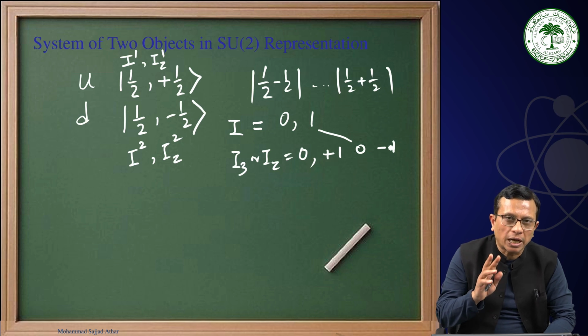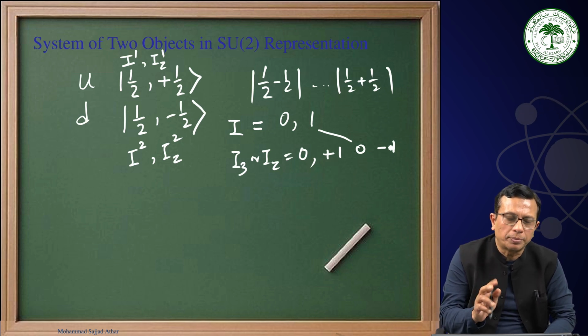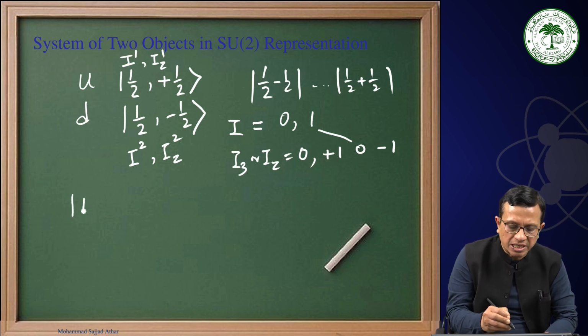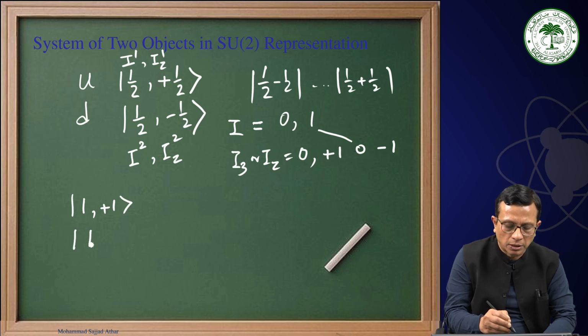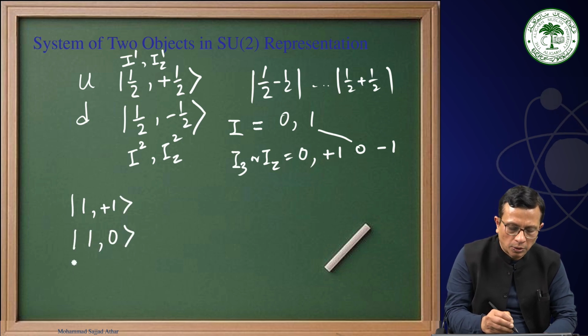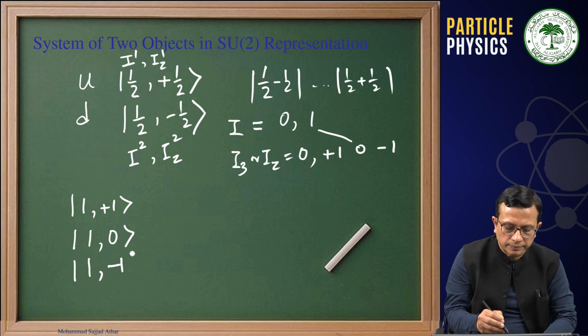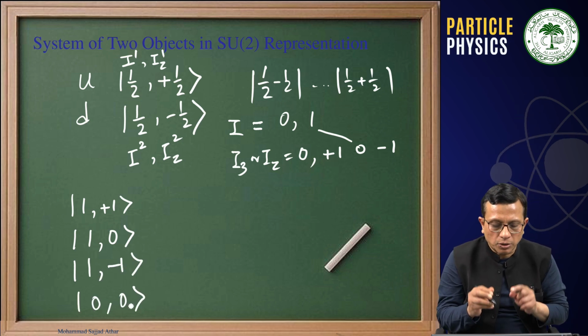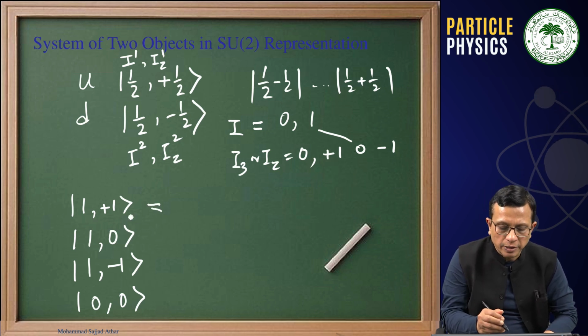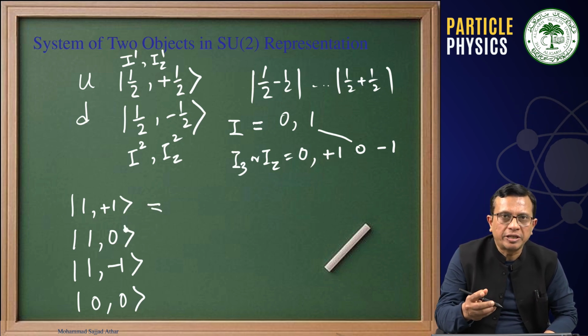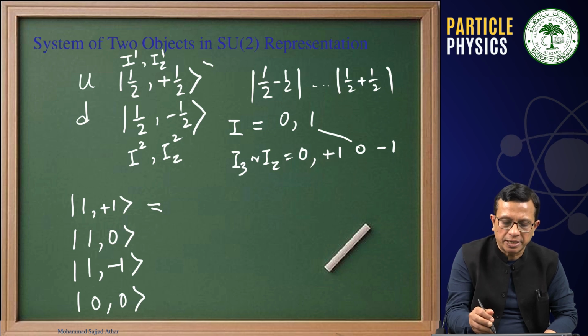Therefore, for the two objects, the different states that you can form are 1 plus 1, 1 0, 1 minus 1 and 0 0. Then the question is how one would get 1 plus 1 with these two objects.